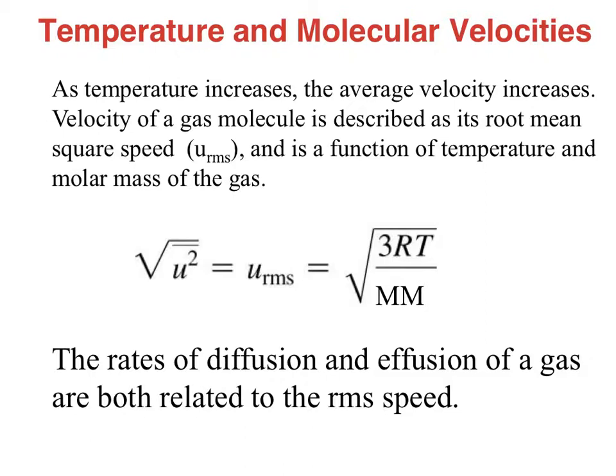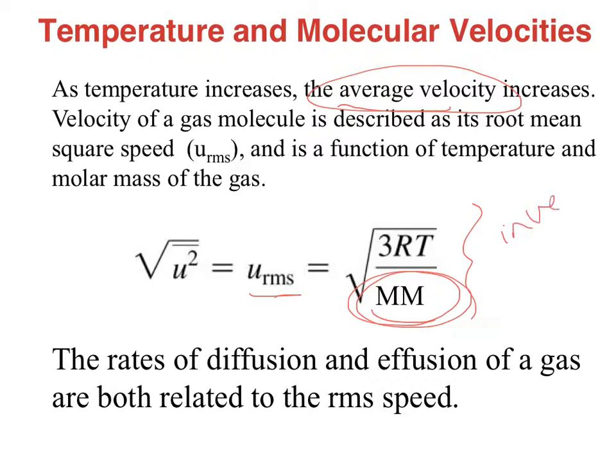All right, so if we are talking about the average velocity, that's the translational speed or movement of a gas, it is dependent on the molar mass. And as a matter of fact, it is inversely related to the square root of the molar mass.